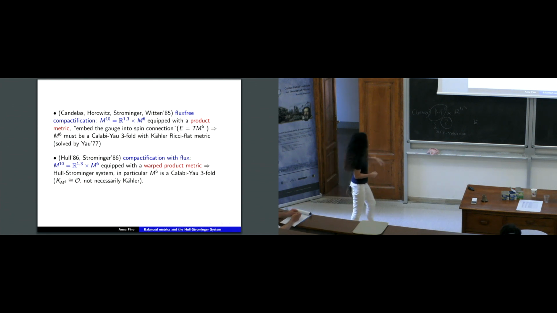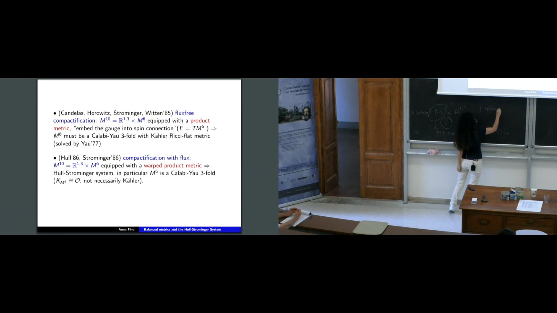And the flux, up to a factor, is essentially something like d^c ω, that's the idea, up to a factor. So that's the flux, that's the 3-form. And the flux-free case, so when the flux is zero, essentially, to have a flux zero, it means that here you have a product metric.